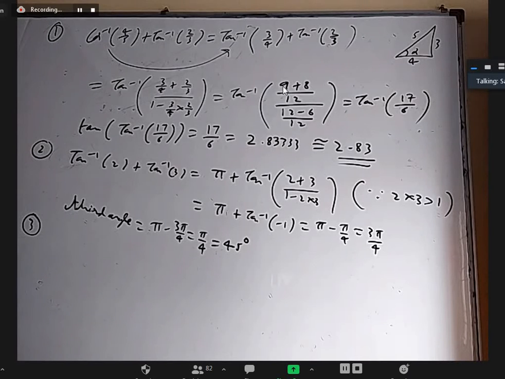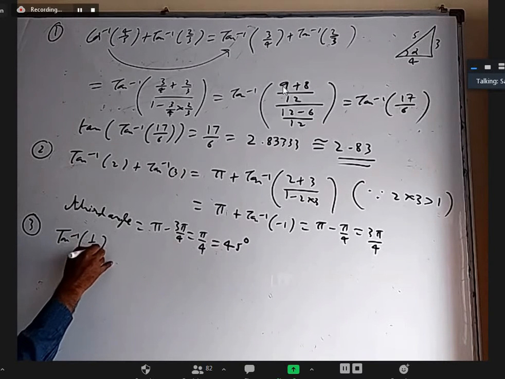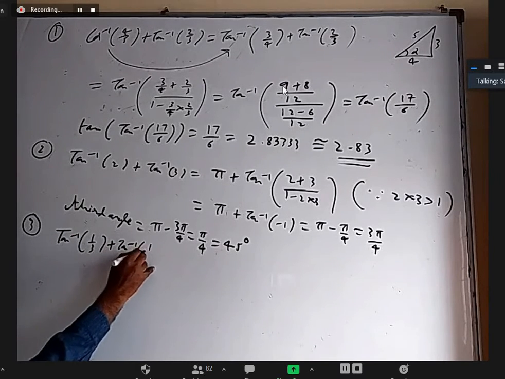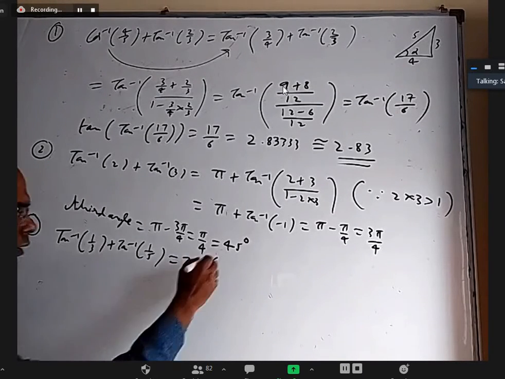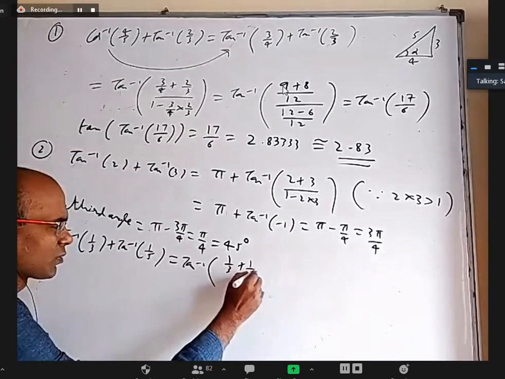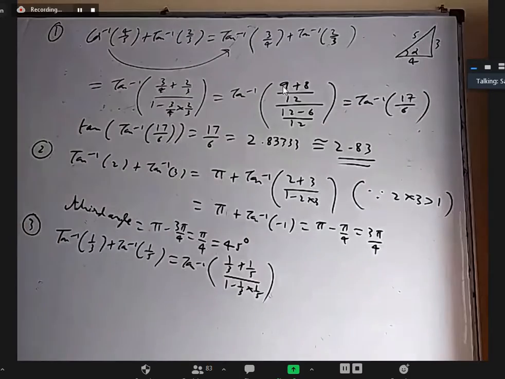Okay, third one, you can add two things and then combine, I guess. Tan inverse 1 by 3 plus tan inverse 1 by 5 is tan inverse of (1 by 3 plus 1 by 5) by (1 minus 1 by 3 into 1 by 5).